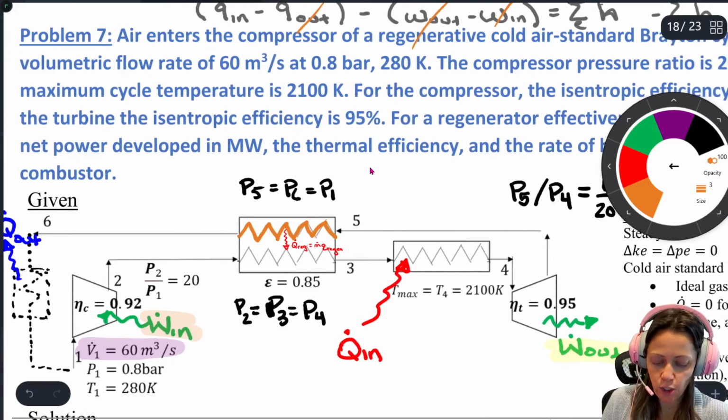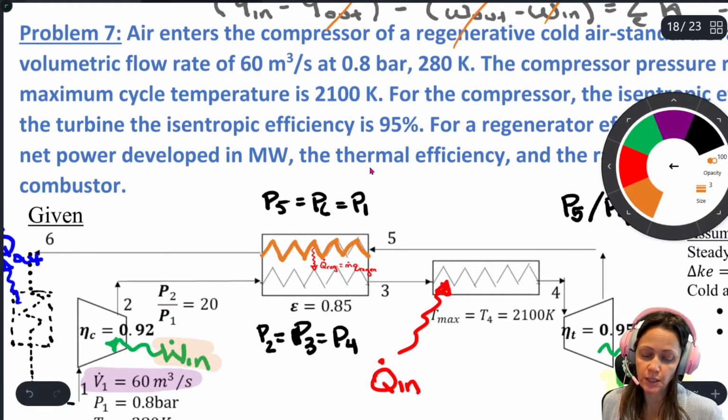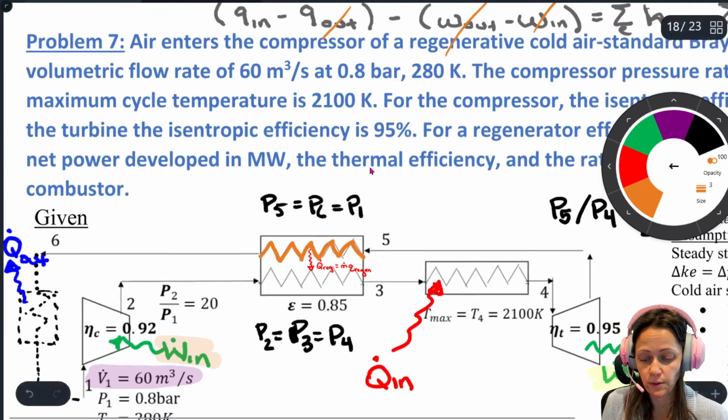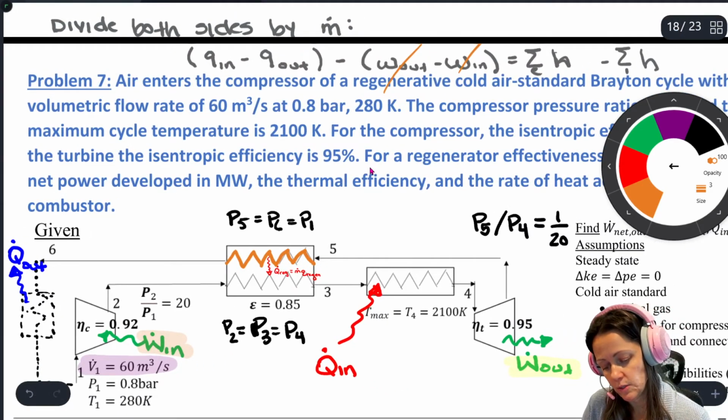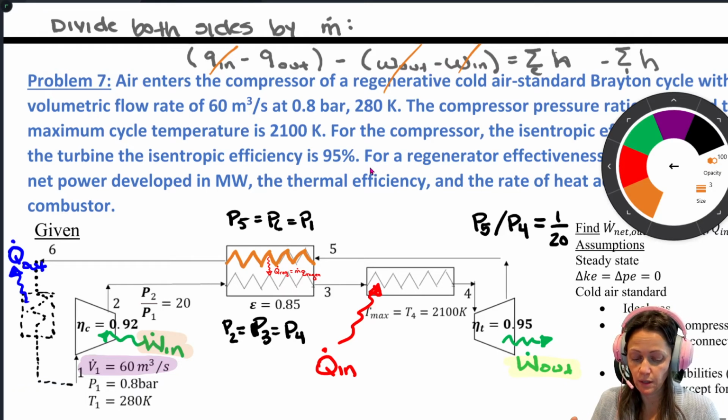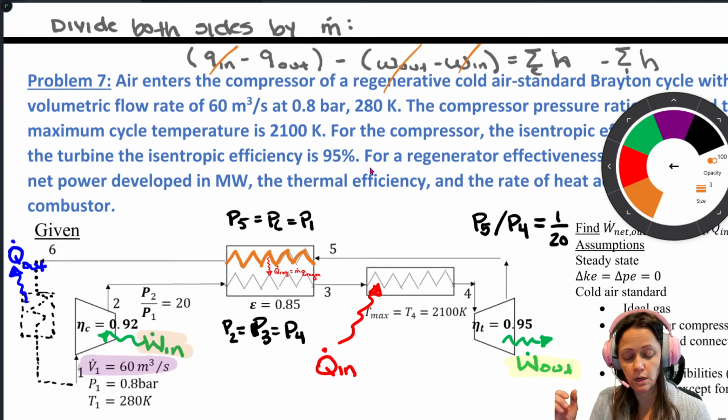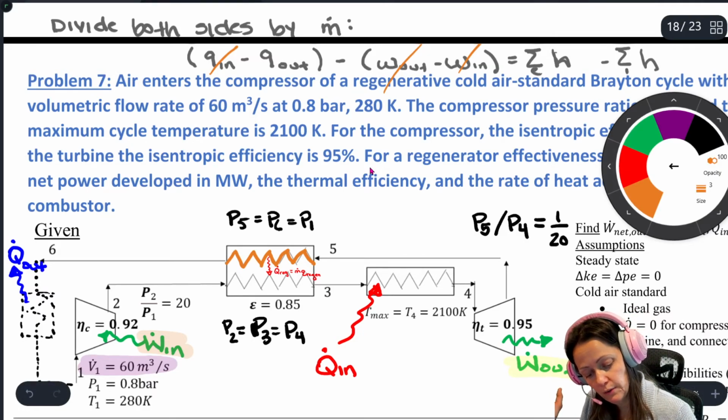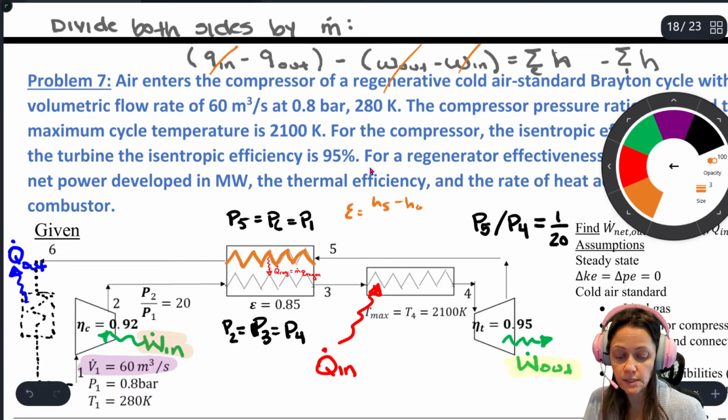That Q regen, that small squiggly arrow, it's going out. So when you apply your first law to it, that Q regen would be a Q out, so it's going to be the in minus out, 5 minus 6. So H5 minus H6, or Cp (T5 minus T6).